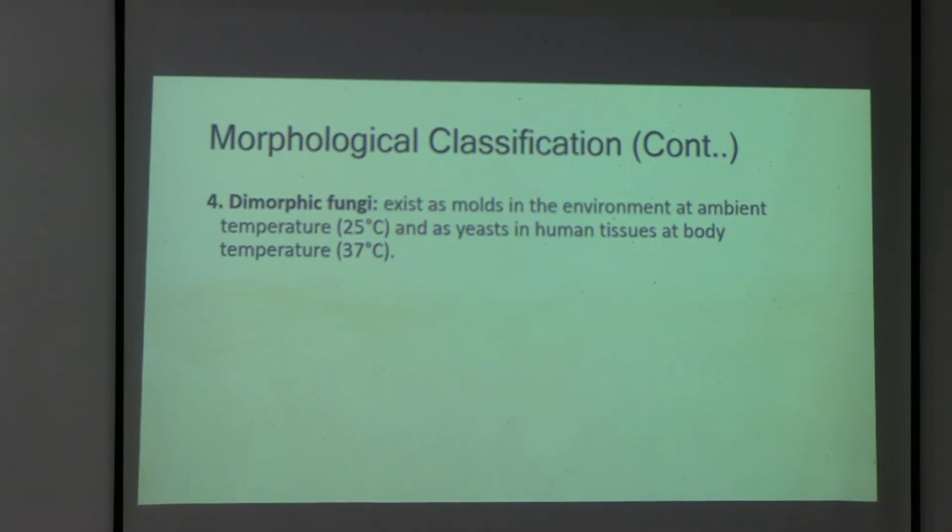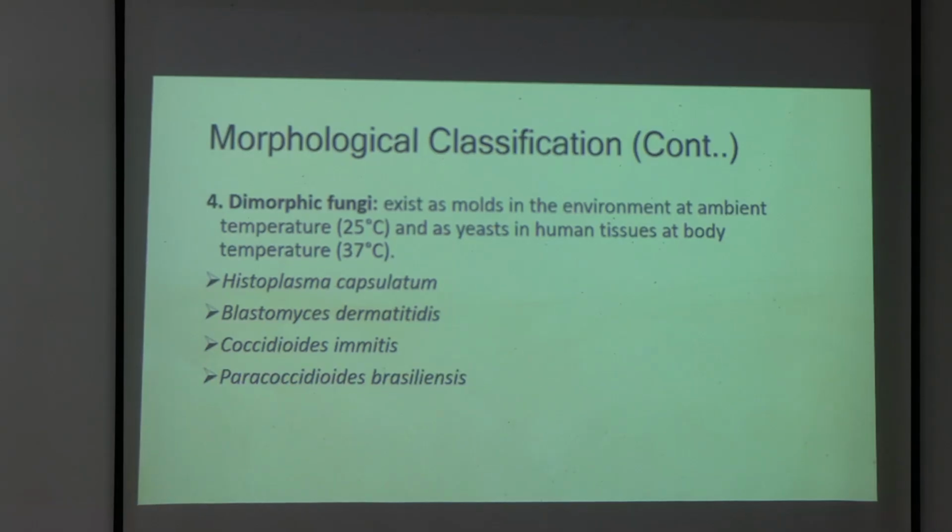Then dimorphic fungi exist in mold form in the environment, that is at an ambient temperature of 25 degrees, but in human tissues at body temperature, they become yeast. Examples are Histoplasma capsulatum, Blastomyces dermatitidis, Coccidioides and Paracoccidioides.